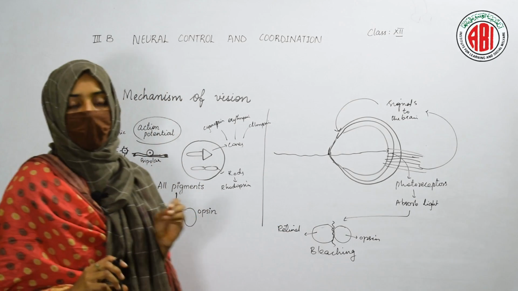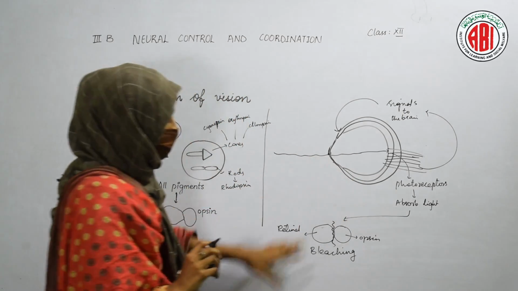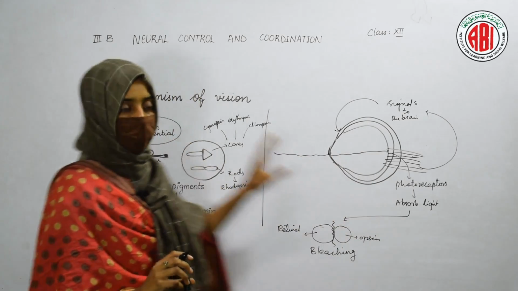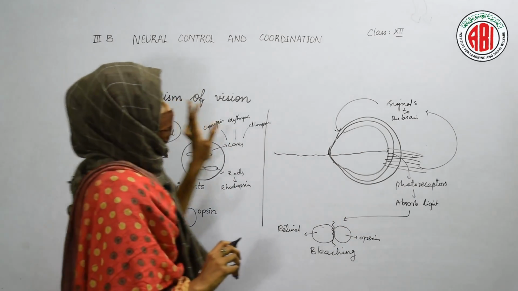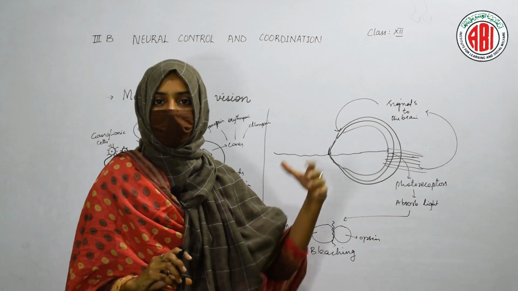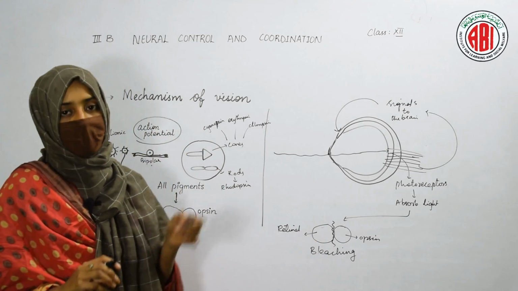This is how vision takes place due to the bleaching of the pigment of the different photoreceptors, and due to the action potential of the neurons. The neurons take the message to the brain, and then the brain sends the command to our eye in order to visualize the different things that are found in our surroundings.